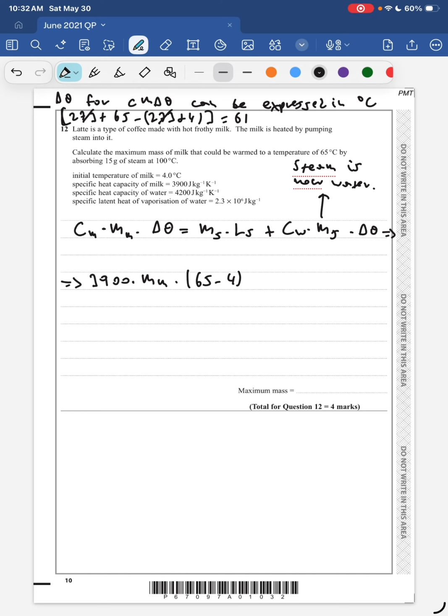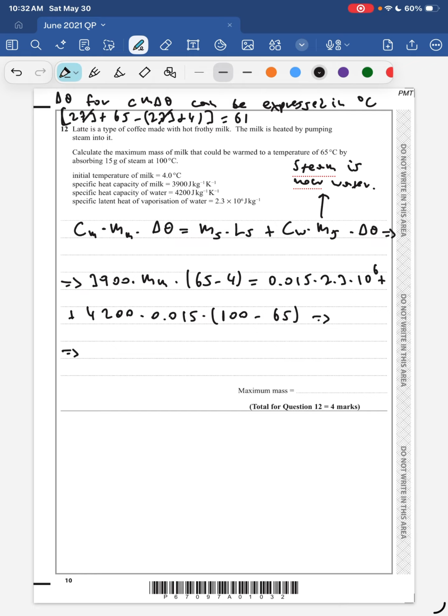Okay, so the mass of steam is 0.015 kilograms times 2.3 times 10 to the 6 plus 4,200 times 0.015 times the temperature change, which is 100 minus 65, right?